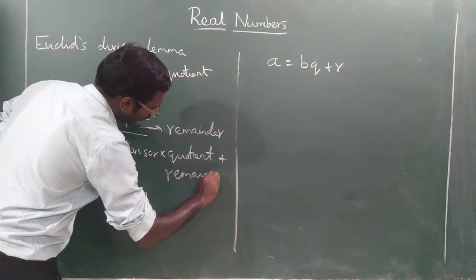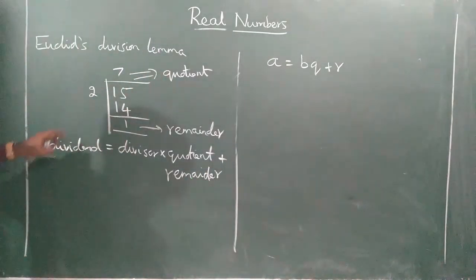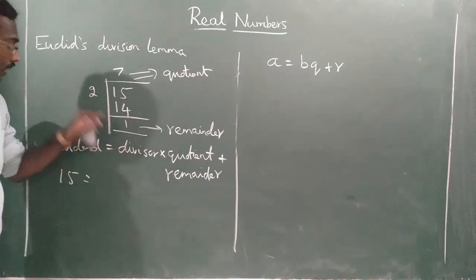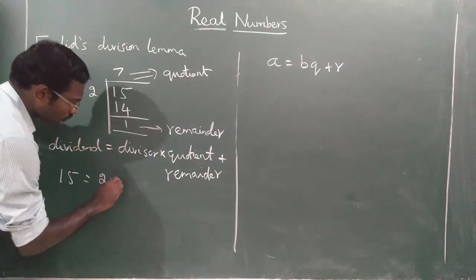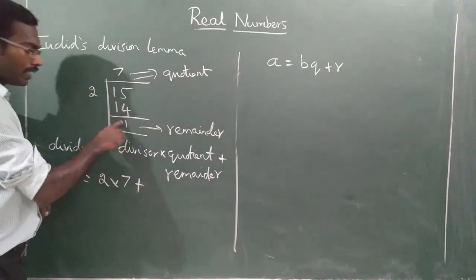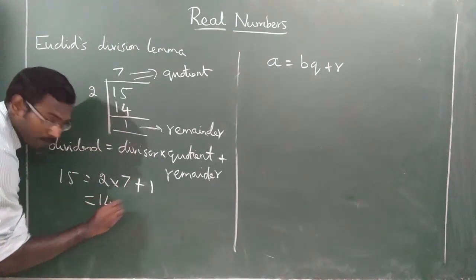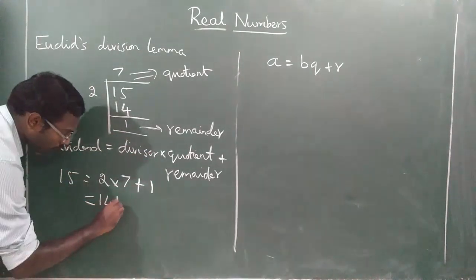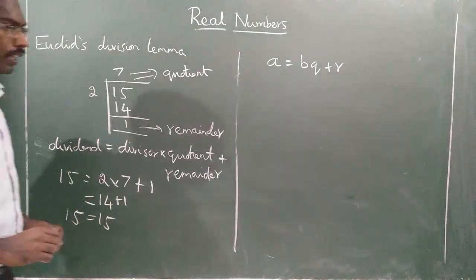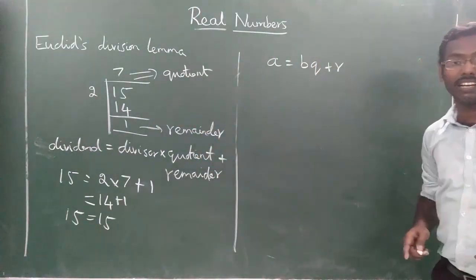For example, what is the dividend here? 15. 15 is equal to, what is the divisor here? 2. 2 into, what is the quotient here? 7. Plus remainder is 1. That is, 2 into 7 is 14. Are you following me? 14 plus 1 is equal to 15. Normal.